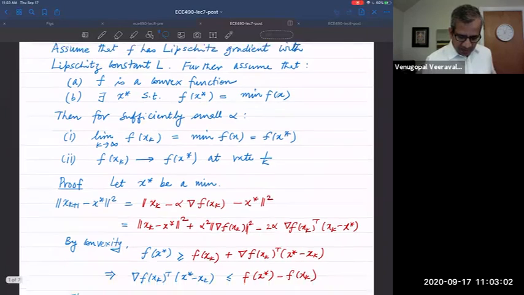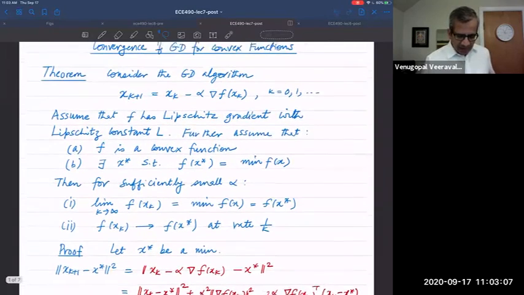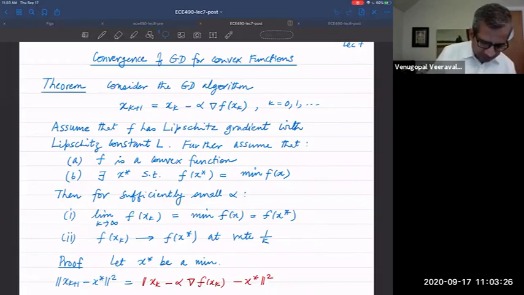So when you impose convexity and the Lipschitz gradient condition, you get convergence. The x star may not be unique, again, but of course, all these x stars are going to be minima. There could be multiple minima for the convex function. If it's strictly convex, of course, it'll be unique.